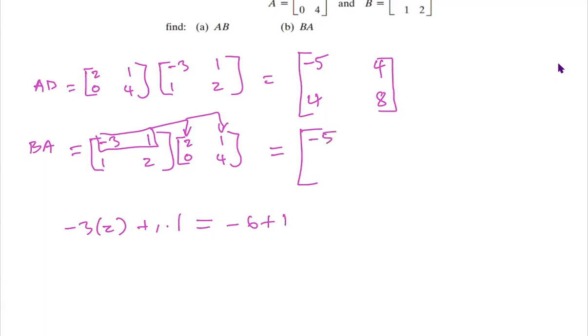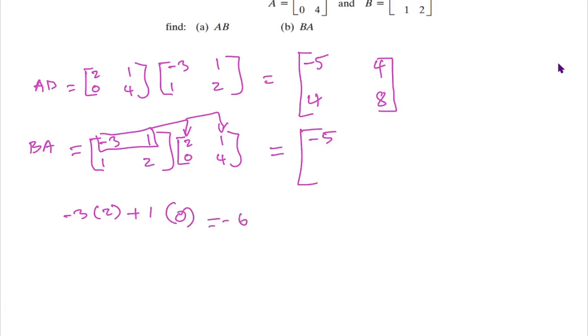Now let's go ahead with the second entry of the first row. Oh wait, sorry, that's not right. We're working with the first row, right? So that's negative 3 times 2 plus 1 times 0.